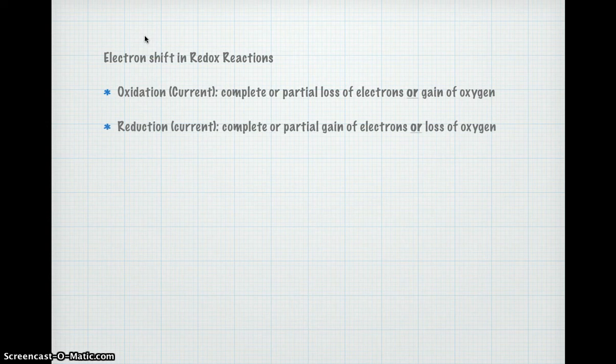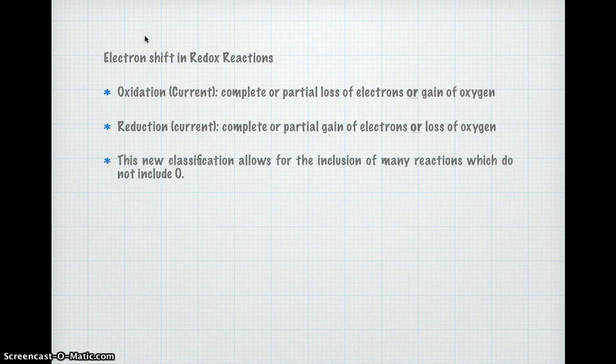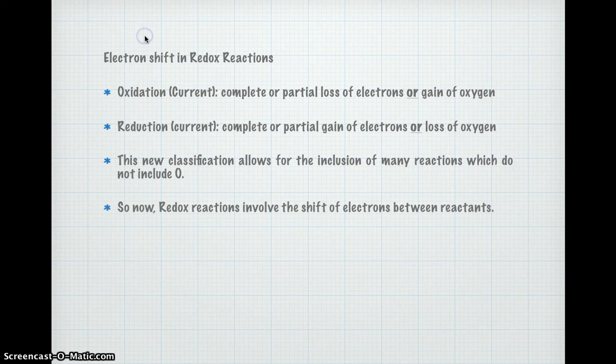And reduction, the current definition, is complete or partial gain of electrons or the loss of oxygen. This new classification allows for the inclusion of many reactions which do not include oxygen. So now redox reactions involve the shift of electrons between reactants.